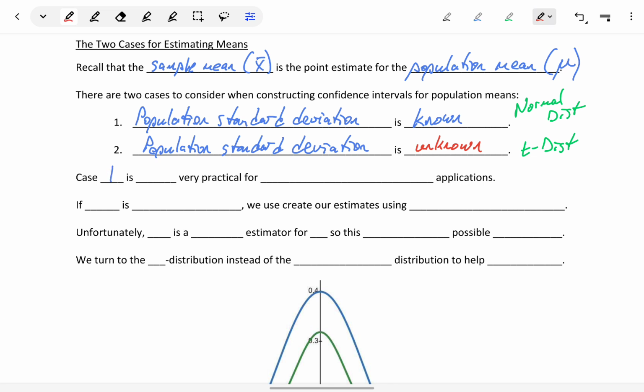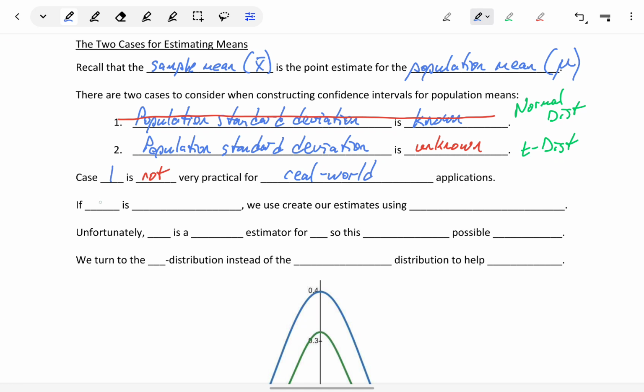Case 1 is not very practical for real-world applications. It's mathematically accurate and is often looked at, particularly in more math-based stats courses. But for our purposes, we're basically just going to throw out that first case. The readings in our text will cover it.